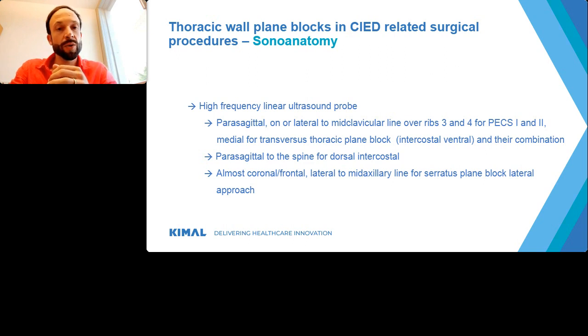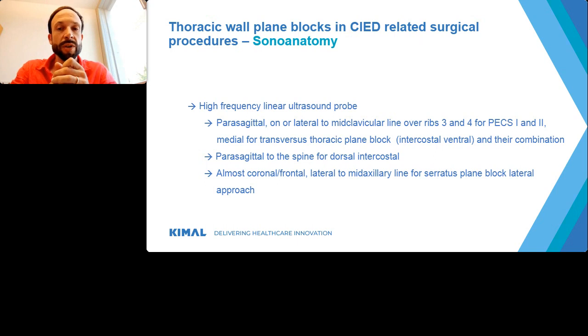and medial to the mid-clavicular line for transversus thoracic plane block, and the combination of PECS 1 or 2 and transversus thoracic plane block. Parasagittal to the spine for dorsal intercostal plane block, and almost coronal, frontal, lateral to the mid-axillary line for serratus plane block, lateral approach.